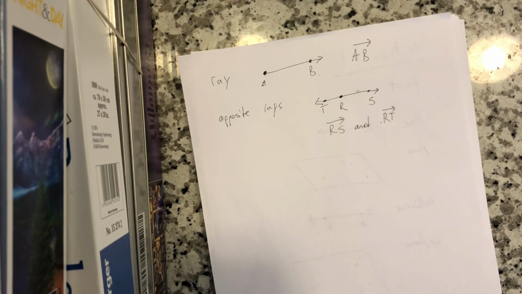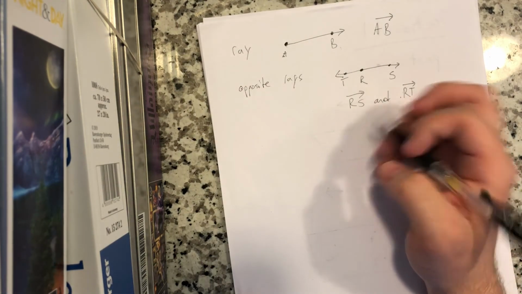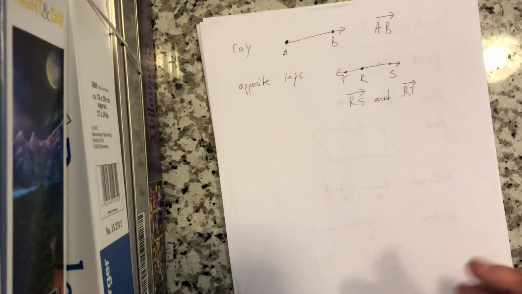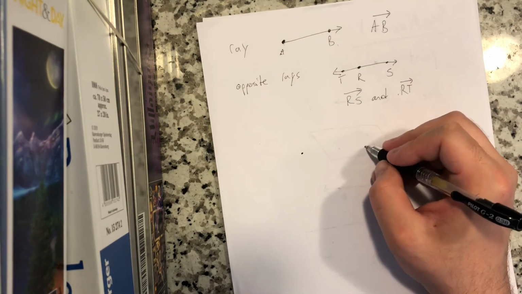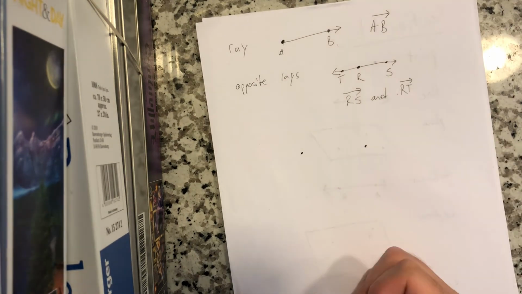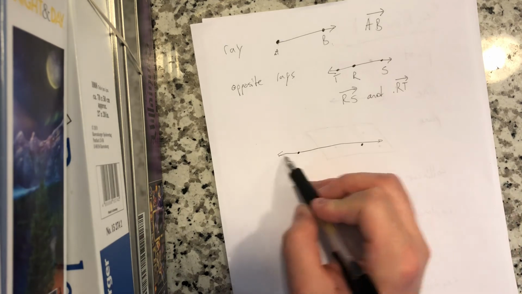Okay. The next thing we need to talk about is simply that through any 2 points, you can create a line. So if I just put random points here, I can create exactly one line through them.